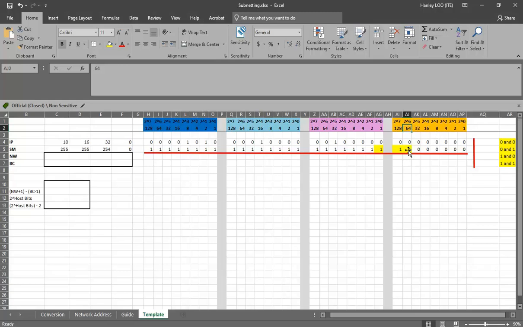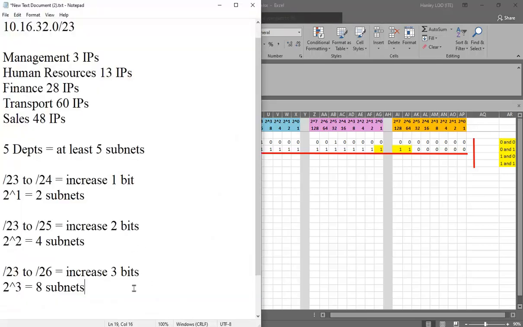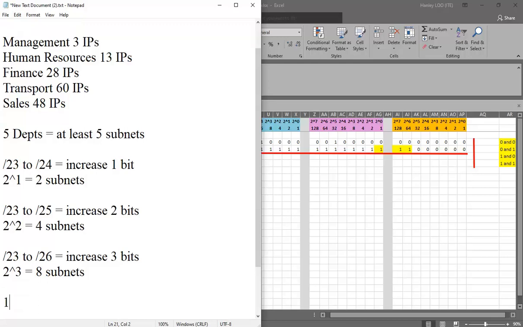Since we are making use of the second bit of the 4th octet, we have a value of 64. It means that for every group, I need to increase by 64 to get to the next group's network address. By understanding this concept, it will be very simple to learn.